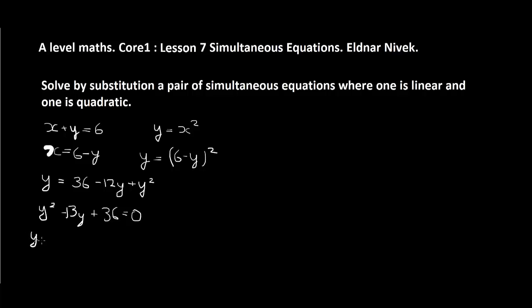Looking at that, we can see that the factors of 36 that add together to give minus 13 are minus 4 and minus 9. So we've got (y minus 4) multiplied by (y minus 9) equals 0, which gives us y equals 4.